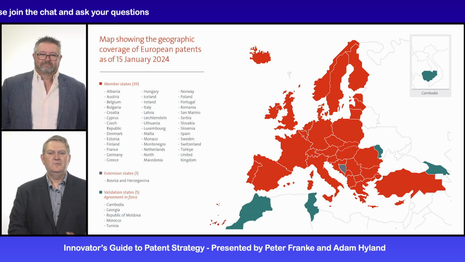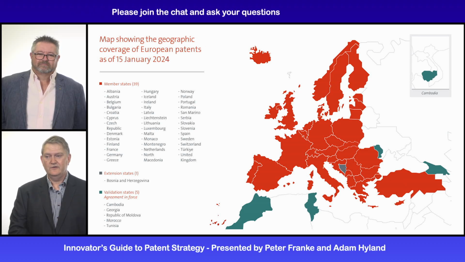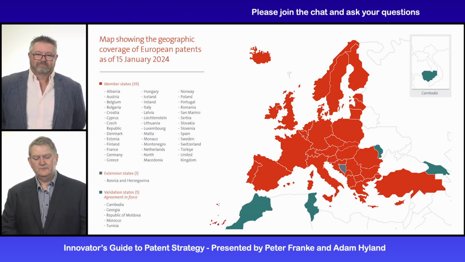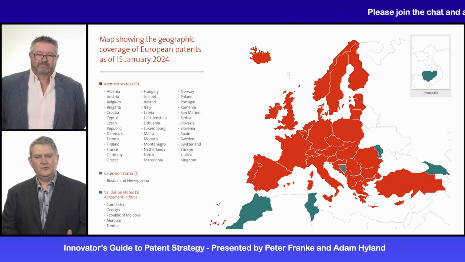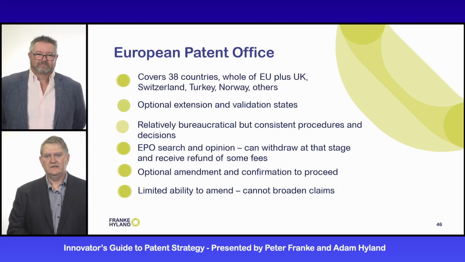So the European patent system allows you to file a single application at the European Patent Office, and that will proceed with a single set of examination and procedures to say, okay, we will grant you this European patent with this set of claims, and then you have a validation process after that, which I'll work through fairly quickly as we're getting towards the end of time here.